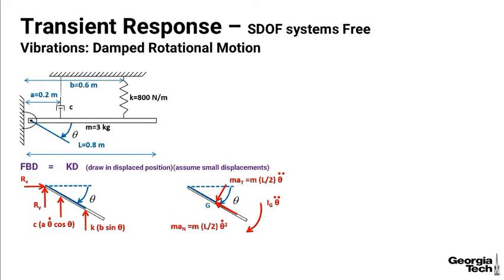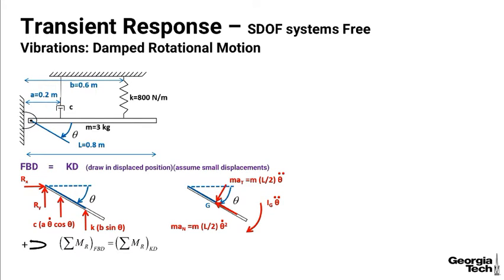And then for this bar, the mass center has a tangential velocity and acceleration, but it also has an angular acceleration because it's rotating. And so I have some I about the mass center, G, times the angular acceleration, theta double dot. So that's a good free body diagram equals kinetic diagram.